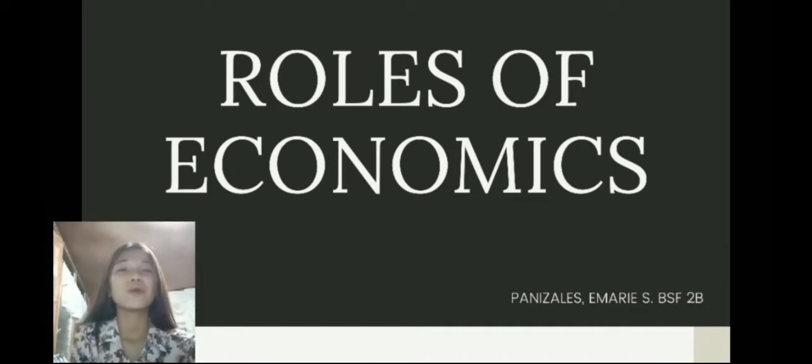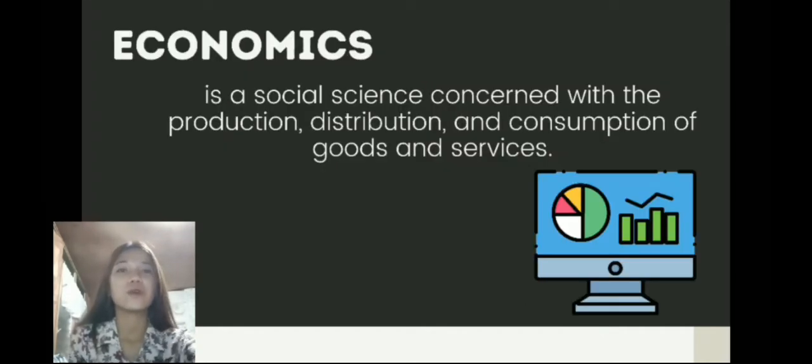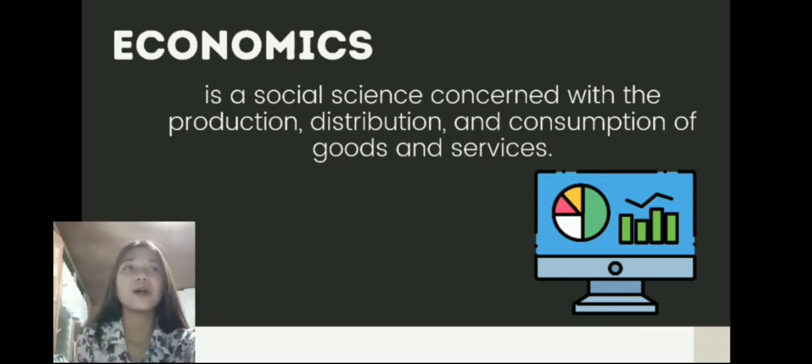So, we need to know first the definition of economics. Economics is a social science concerned with the production, distribution, and consumption of goods and services. It is also the study of how individuals, businesses, governments, and nations make choices about how to allocate resources.